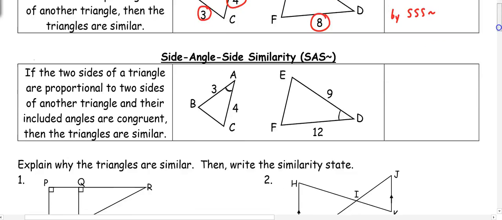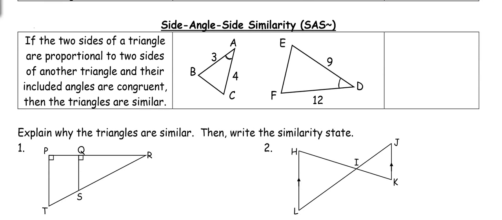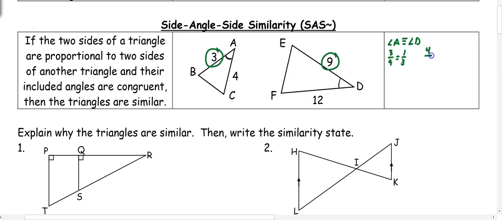The last type of similarity is side-angle-side. In side-angle-side, there is one set of angles that are congruent and then two sets of proportional sides that are touching the angle, so basically the sides that form that angle. In this case, we have that angle A is congruent to angle D. We're going to see that 3 over 9 reduces to 1/3, and 4 over 12 also reduces to 1/3.